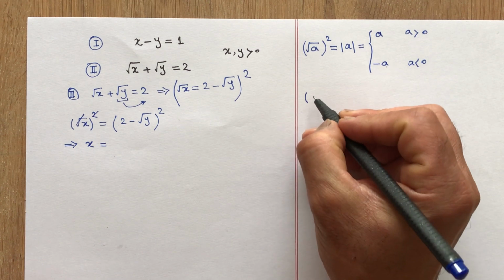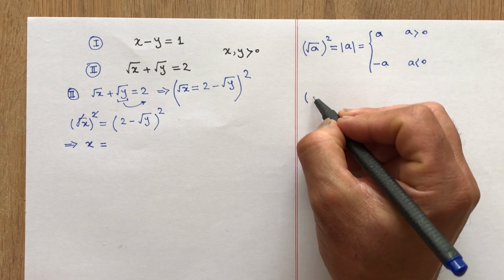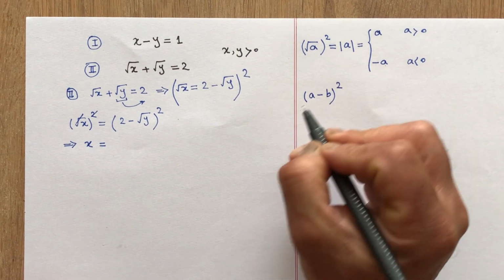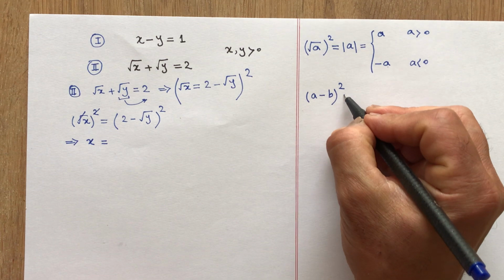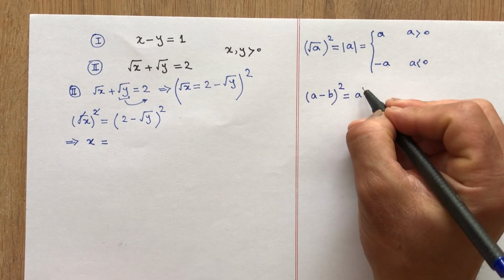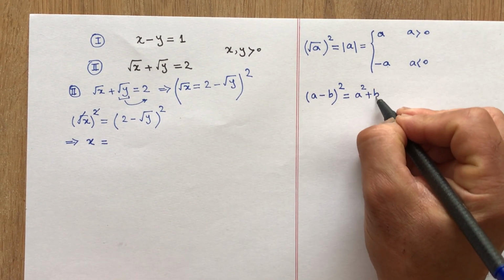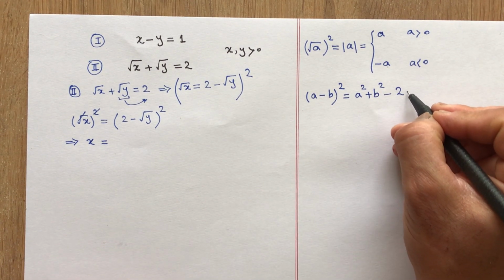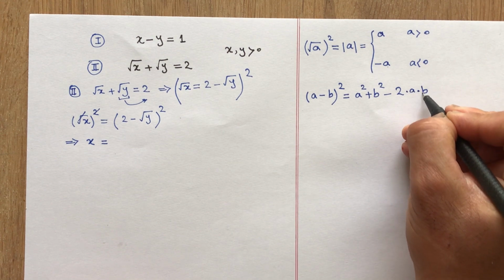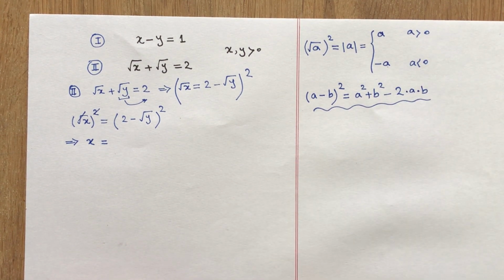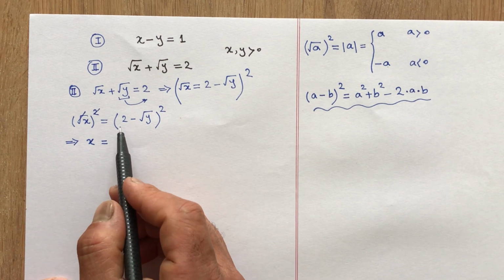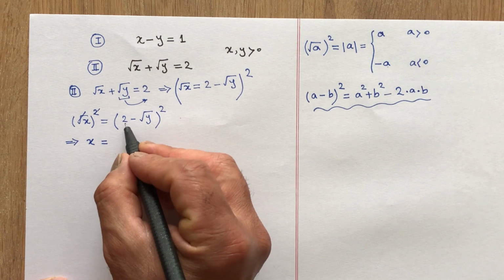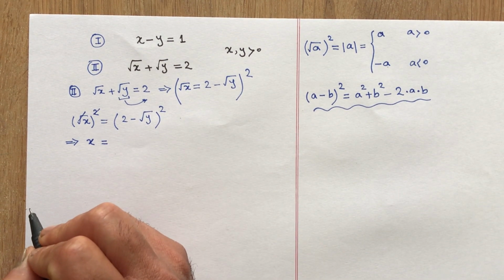So this identity tells me if a minus b gets raised to the power of 2, then it should be a squared plus b squared minus 2 times a and b. This is a very important identity in mathematics. It is similar here: this is the first term and this is the second term.